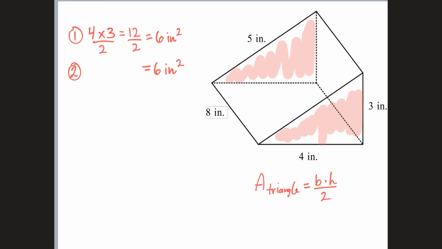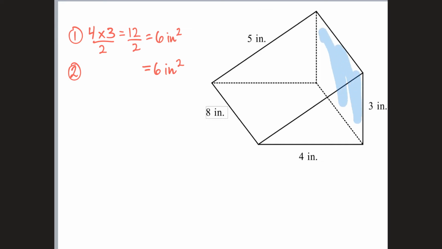Okay, I'm going to erase this stuff. And I don't need this triangle stuff anymore. And we're going to go into the other sides. Now another side that we have, I'll highlight it in blue, is, how about this side right here? That is a rectangle.